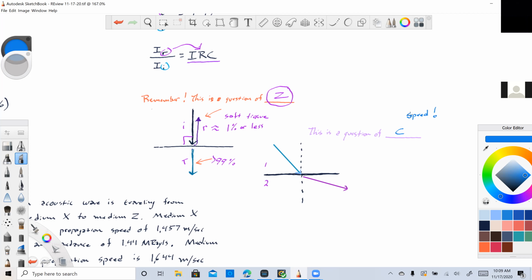As we know, the reality is speed does change between tissue interfaces. And incident angle versus transmitted angle. Which angle is bigger? Transmitted, right?